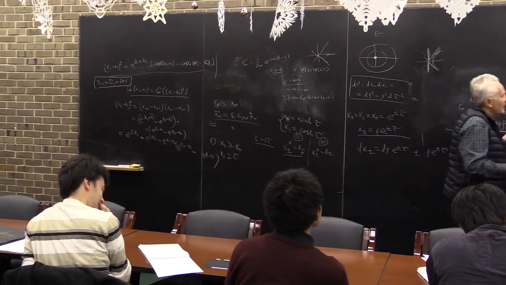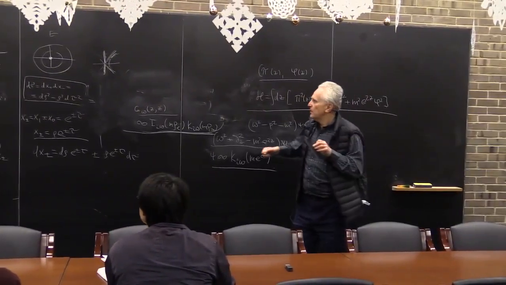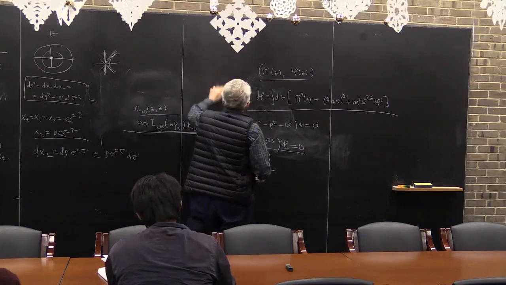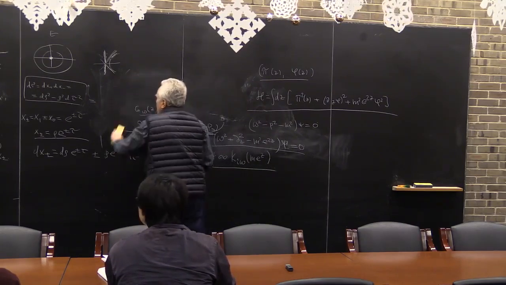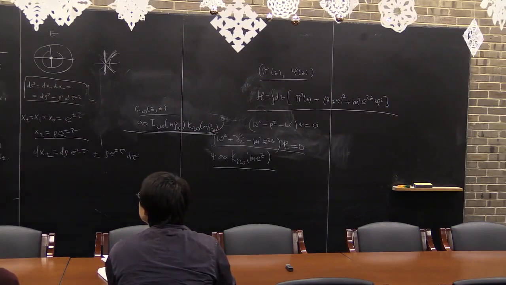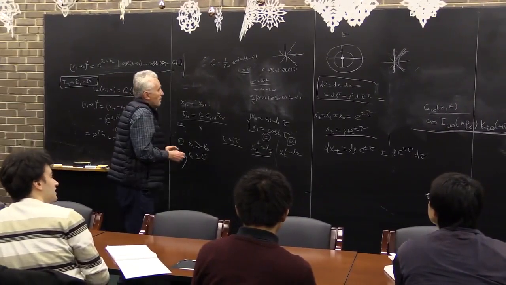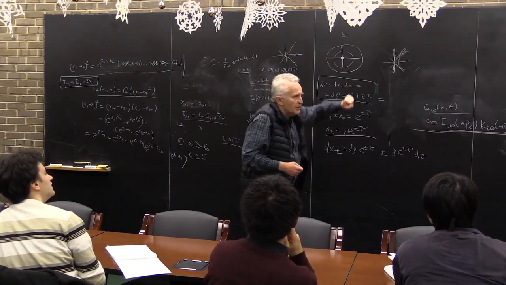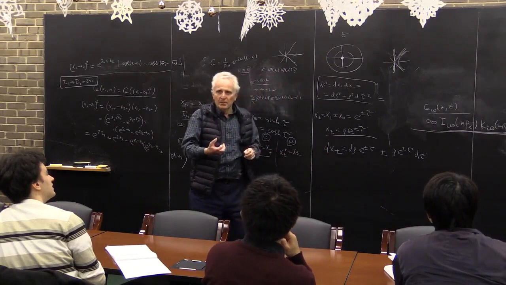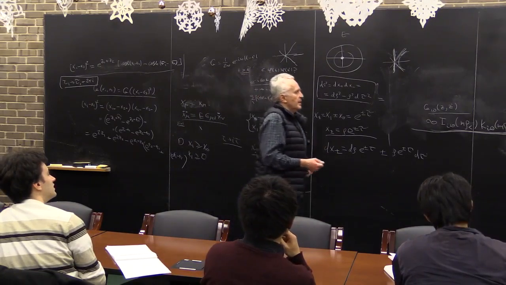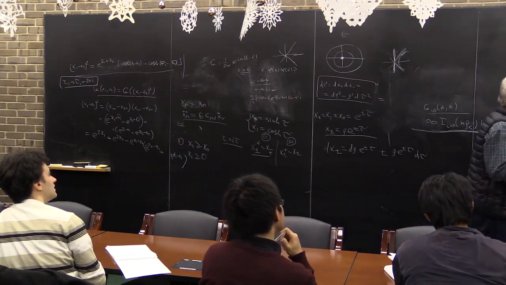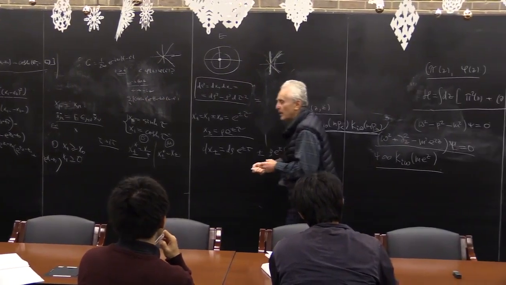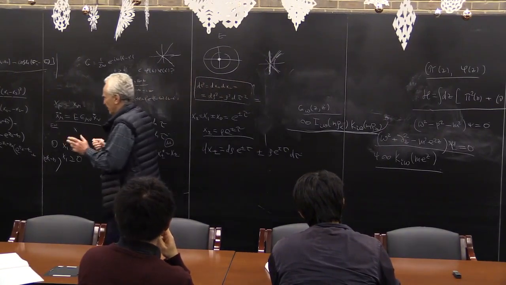Now let's look at it from a different point of view, from the point of view of the accelerated observer, which goes along the hyperbolic trajectory, keeping a thermometer with him. The statement is that this thermometer in the hands of the accelerated observer will show this temperature.